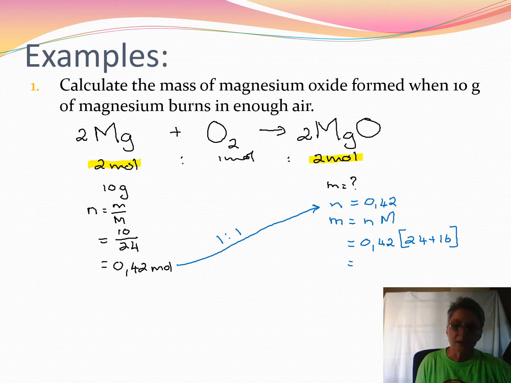Now I did not round my calculator answer to 0.42, I used 0.416666, and we get 16.67 grams.